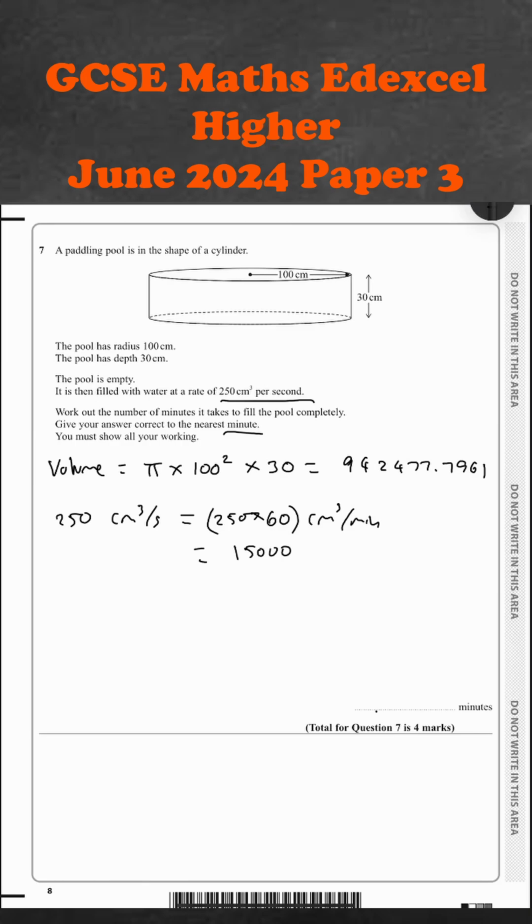Then all we have to do is the 942,477.7961 divided by the 15,000, and I get 62.8. They want it to the nearest minute, so 63 minutes is our answer.